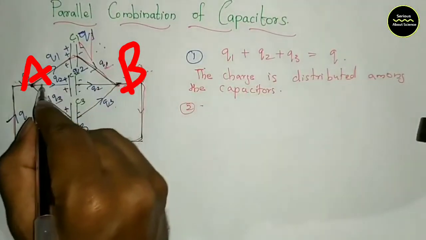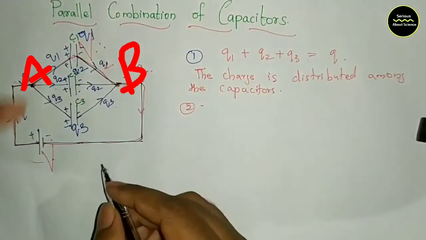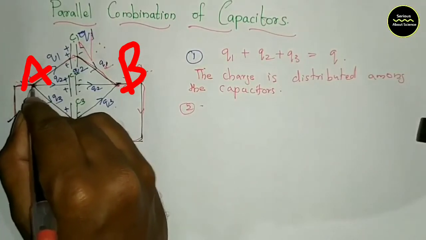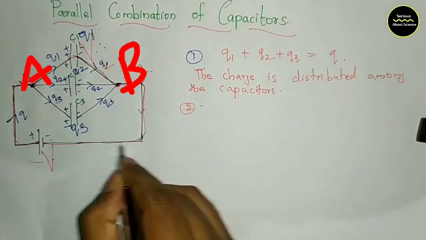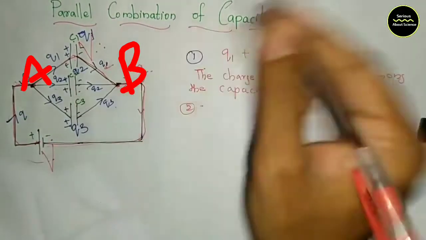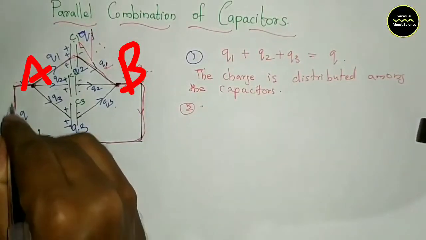The reason is that all 3 capacitors are joined between the same points, A and B, hence the potential difference V between the plates of each capacitor remains the same and equal to the applied voltage V.